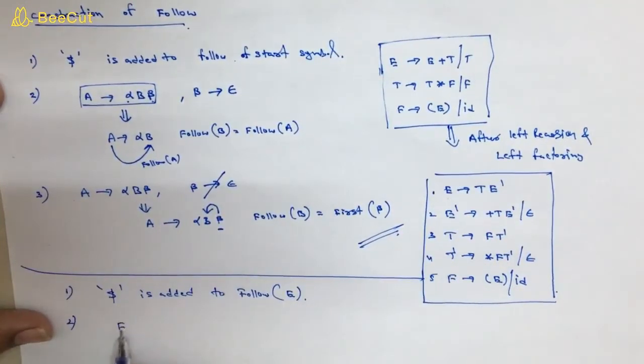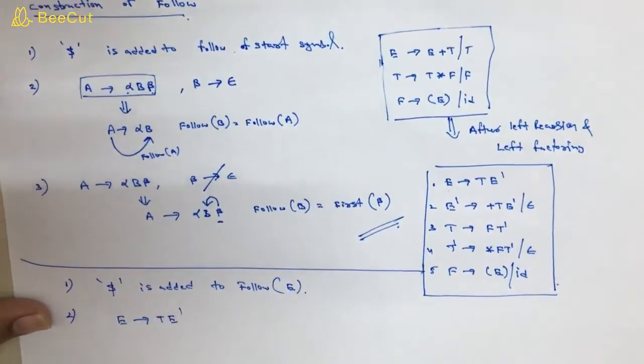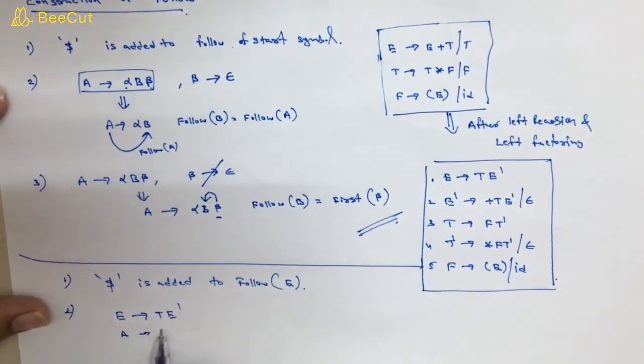If the production is E tends to T E dash, it is in the form A tends to alpha B beta. Alpha and beta may be terminals and non-terminals. We are assuming that beta is E dash. We have another possibility also, B has the possibility of T also.